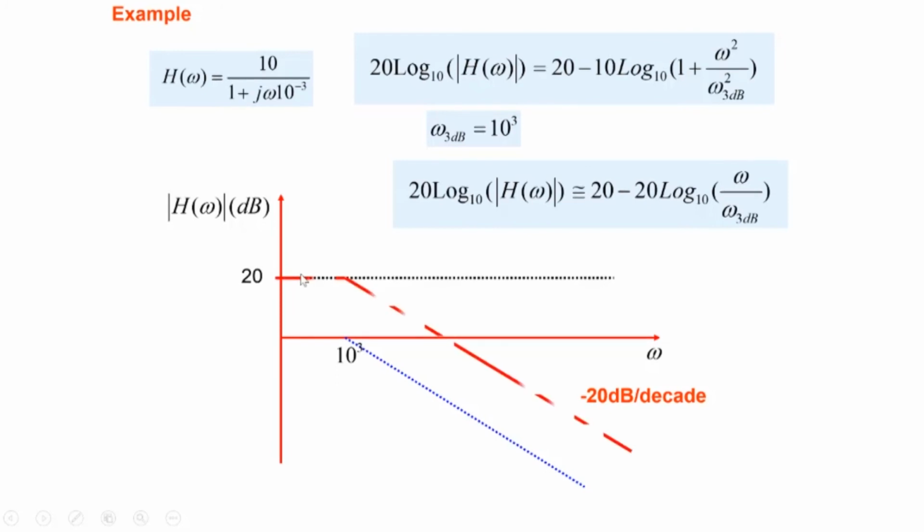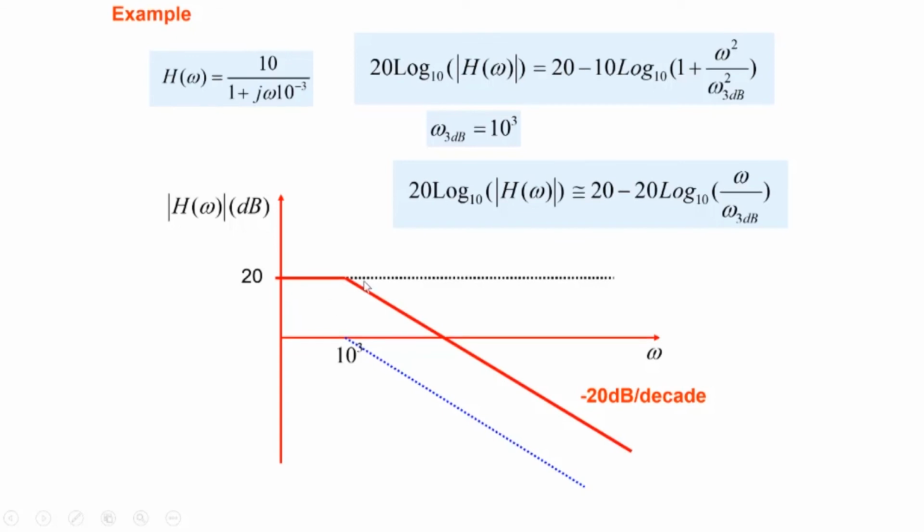You combine the two together, this plot and this plot, and it becomes like this. So it's a simplified plot of this particular transfer function, made by looking at values considerably lower than omega 3 dB and then considerably higher than omega 3 dB. So the plot is fine here, and the plot is fine here.